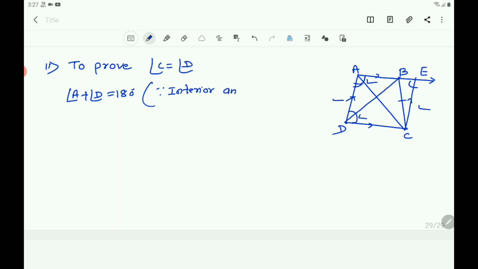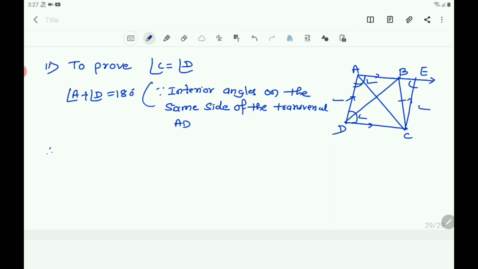Interior angles on the same side of the transversal AD.